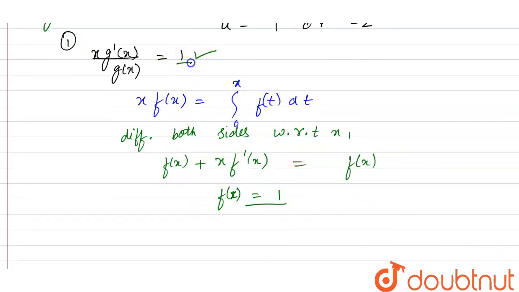So this value satisfies. Now we check for x·g'(x)/g(x) equal to -2.